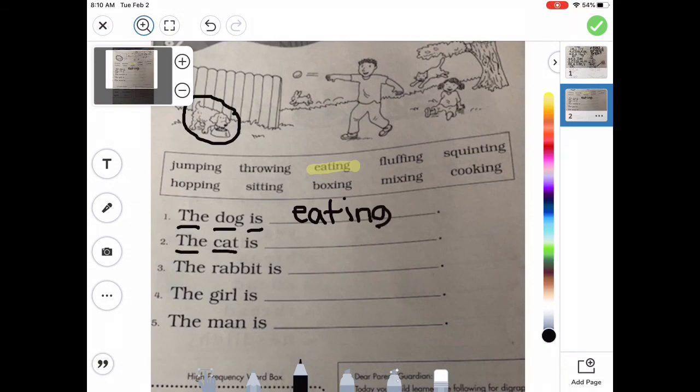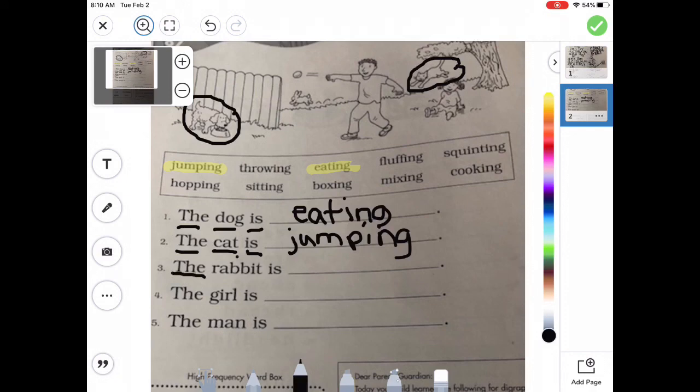The cat is, so let's look. What's that cat doing? Well, what kind of words can we say? Jumping, is it jumping? Yeah, the first word we saw it was doing. So the cat is jumping. So I'm going to go ahead and highlight because I used that word. Okay, look at this one.